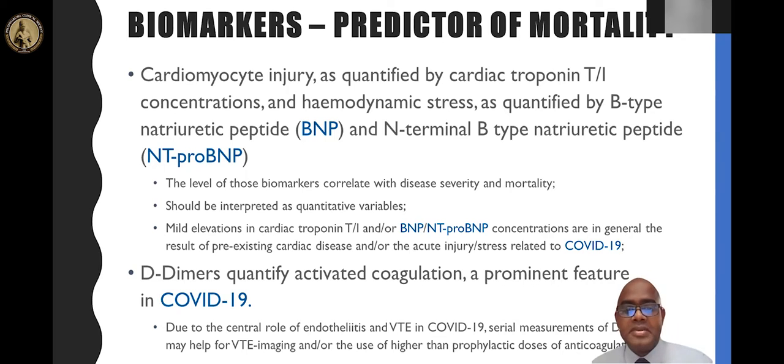So when the D-dimers are high, in a background of suspicious hypoxemia, you have to always suspect pulmonary embolism or venous thromboembolism to take your decisions on converting these patients to anticoagulation from prophylactic to therapeutic doses.